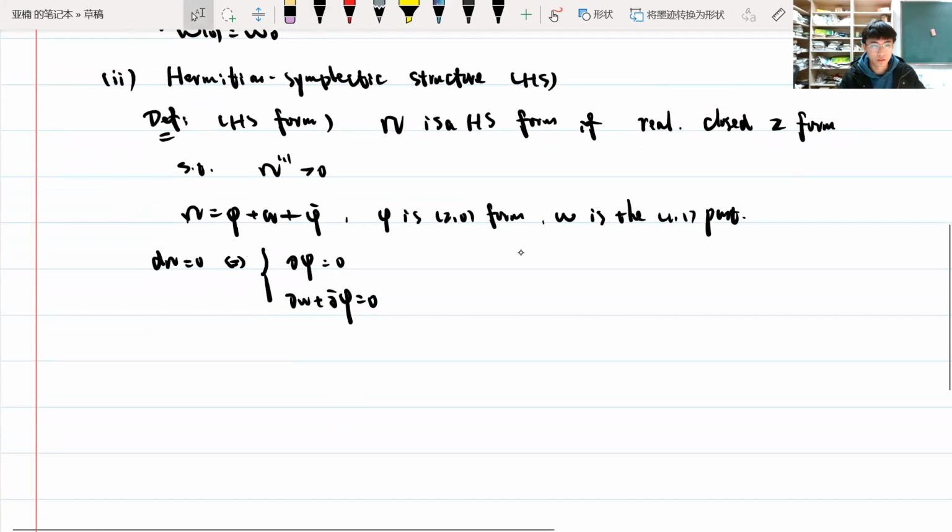And we notice that this (1,1) part, this metric is pluriclosed, by this equation.